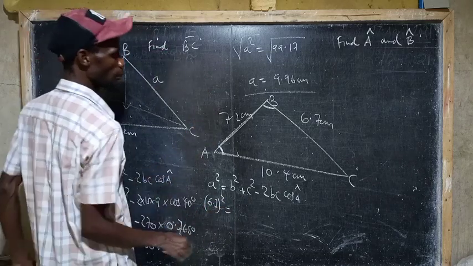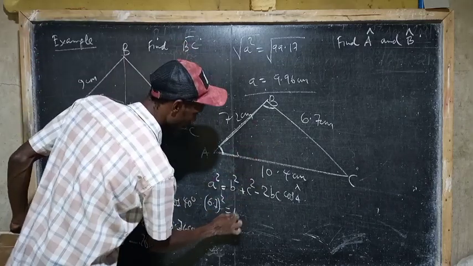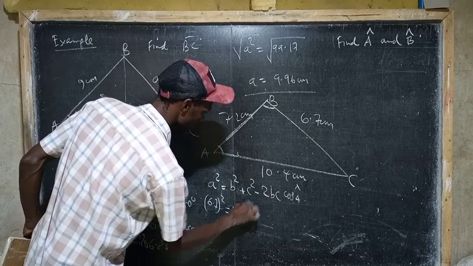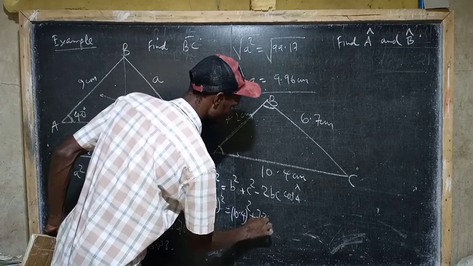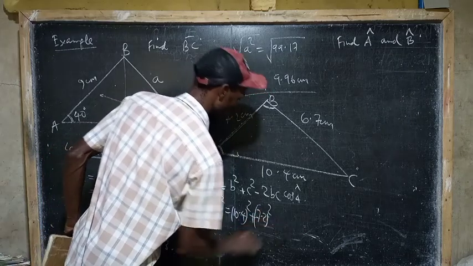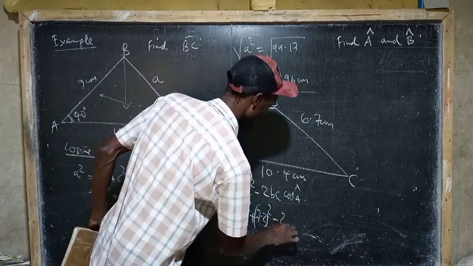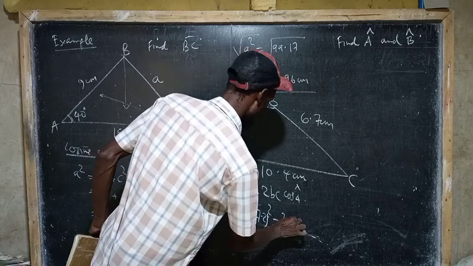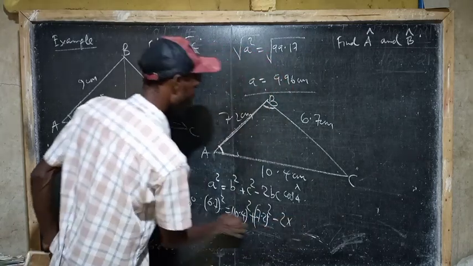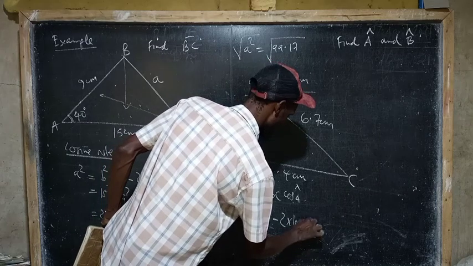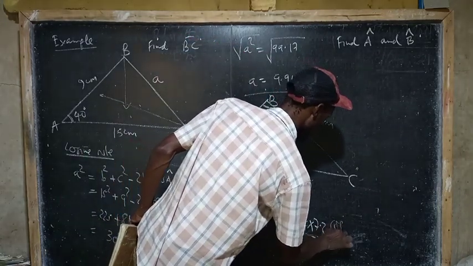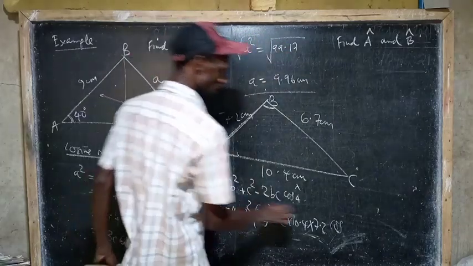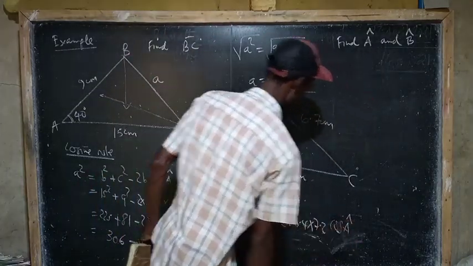Halafu B tumepewa, ambayo ni 10.4, squared plus C tumepewa 7.2, also squared minus 2 times B ambayo ni 10.4 times C ambayo ni 7.2, then cosine of an angle A.